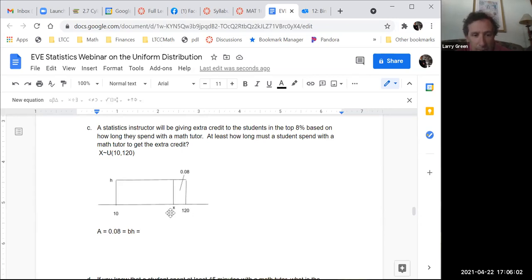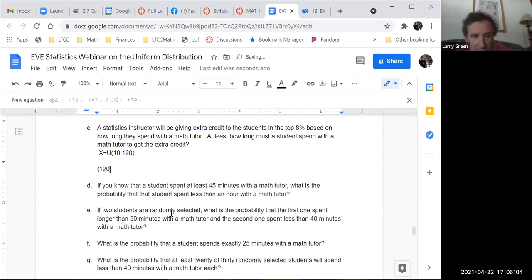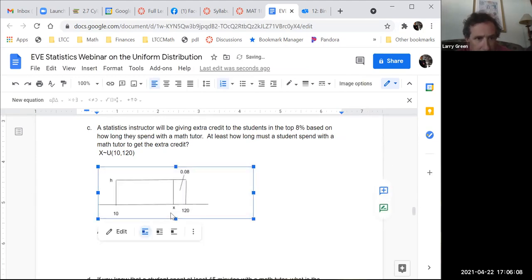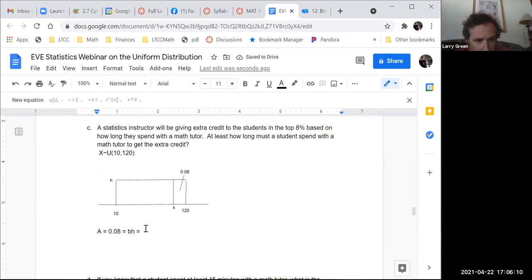So 120 minus X. And the height is still 1 over 110. And just to make it easier, I'm going to write equals 0.08 again.